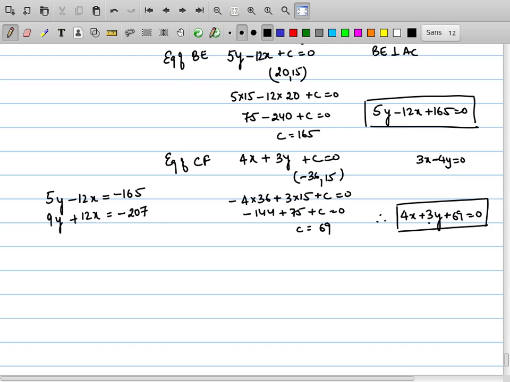So if we add them, we have 14y, and y is minus 372 by 14. Therefore the coordinate is minus 186 by 7. We can put this value in any of the equations and get x.